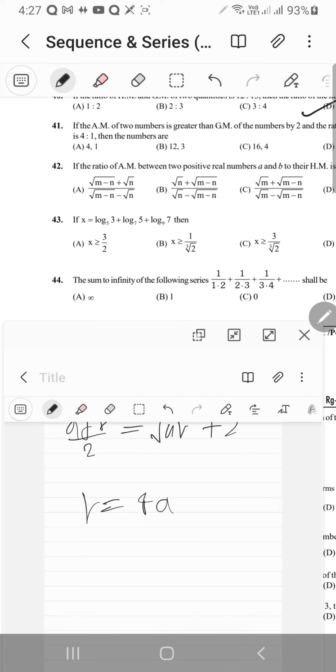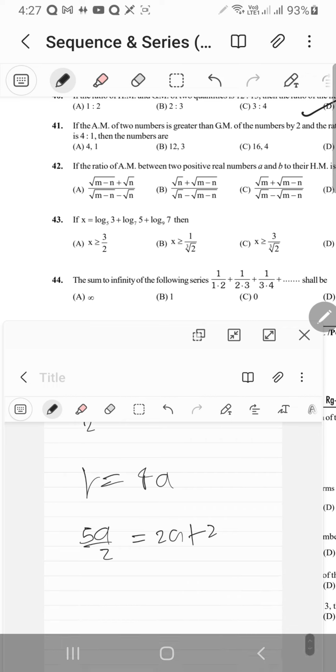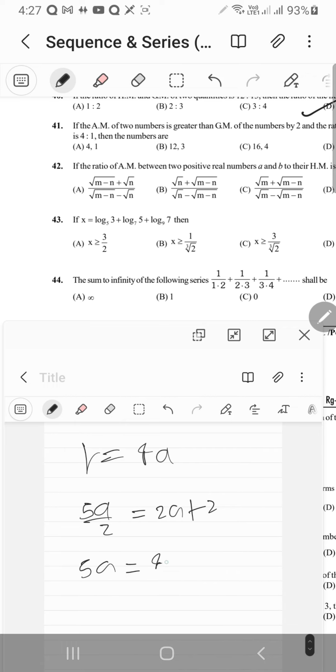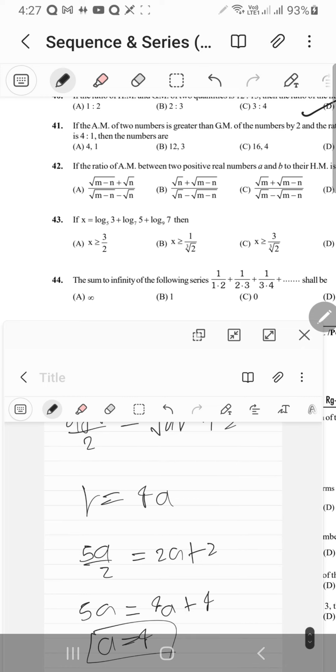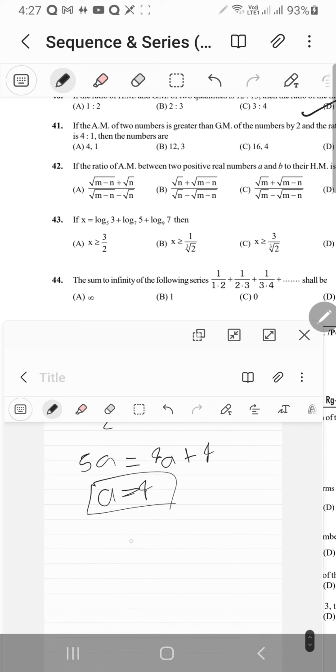That will mean 5a upon 2 equals 2a plus 2, for two positive numbers. That will mean 5a equals 4a plus 4. So a is equal to 4. There you go. Cool. So a being 4 means b is 16. So it's 4 and 16.